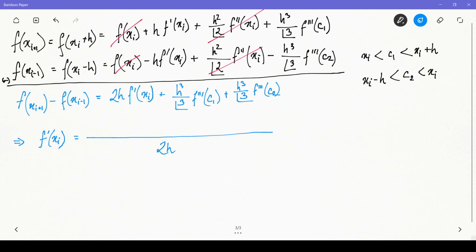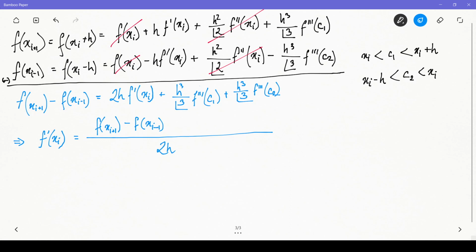Fine. So what did we have? We had f of x sub i plus 1 at the left hand side. So we had this thing minus this term over here, which is the functional value at the point x sub i minus 1. Then we had these two terms, right? Since we have changed the side of these two terms, they will become what?